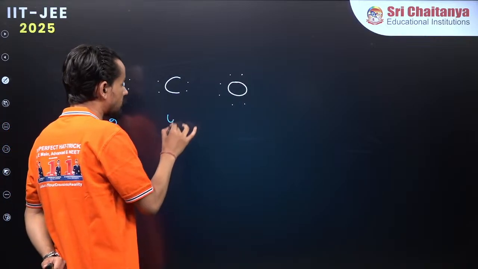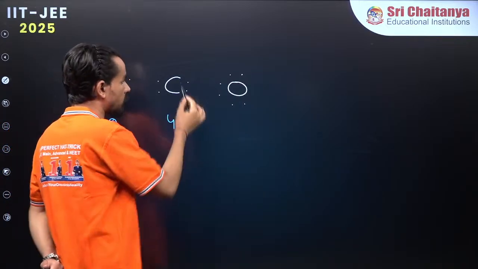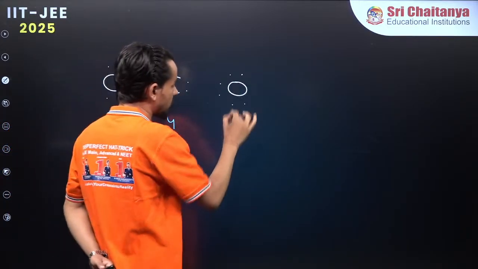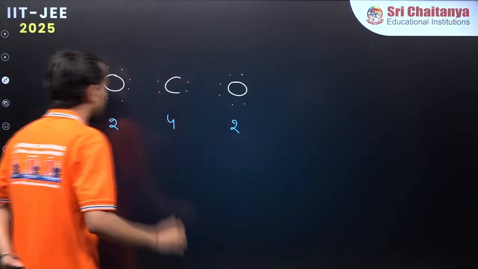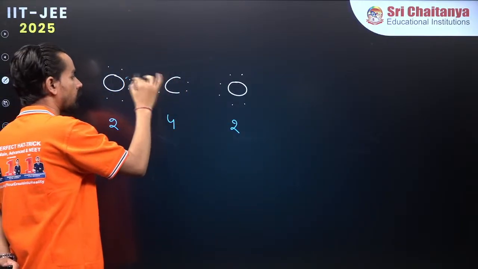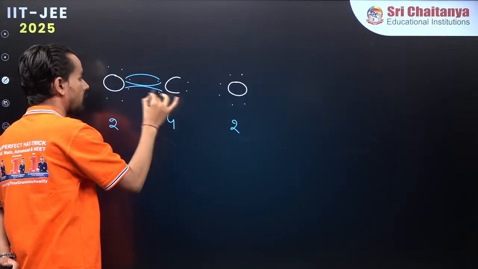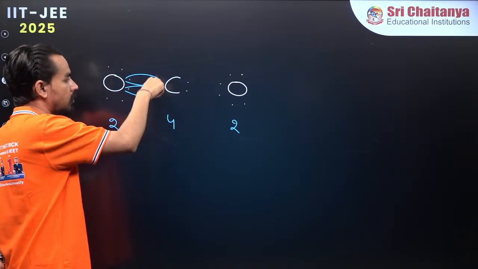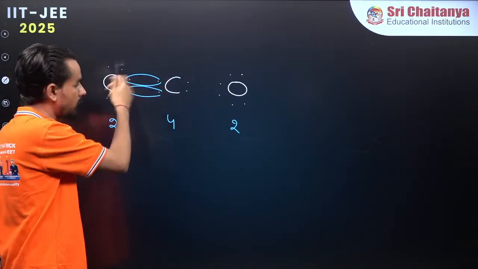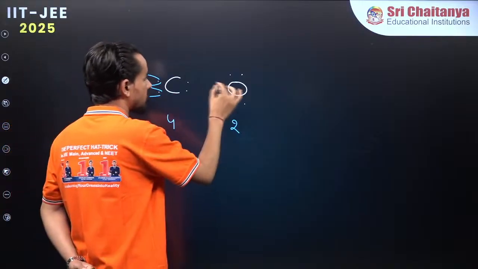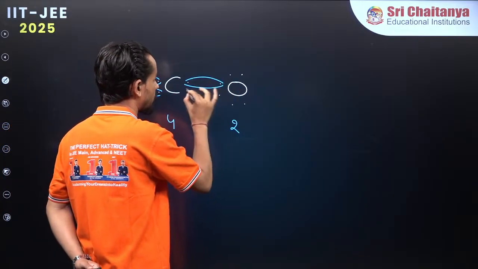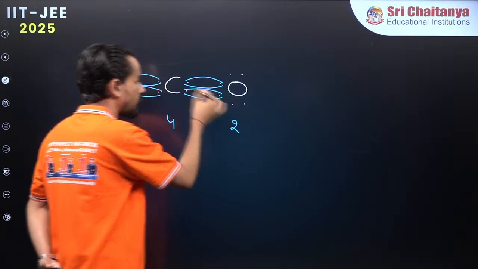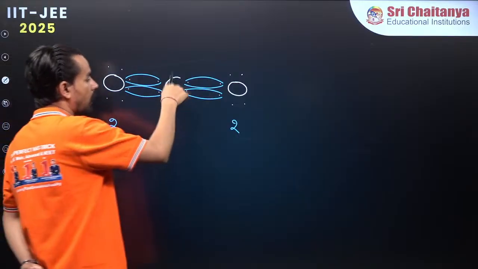This carbon wants someone to share 4 more, because 4 he has, 4 more he requires. This oxygen also requires 2 more. So this oxygen shares its 2, 1 and 2. This is how this has shared 2 electrons with carbon. Similarly, this oxygen also has shared 1 and 2 of himself with carbon.